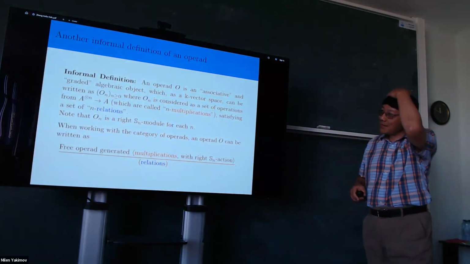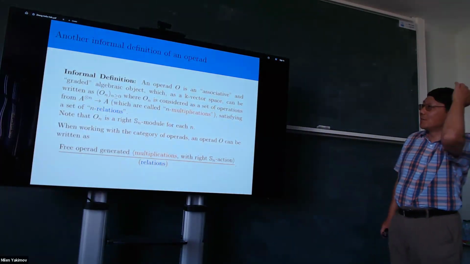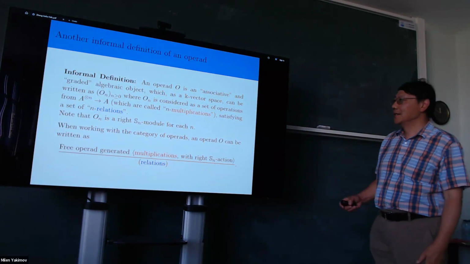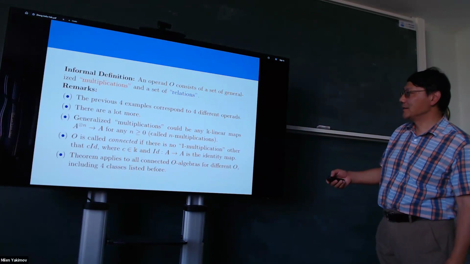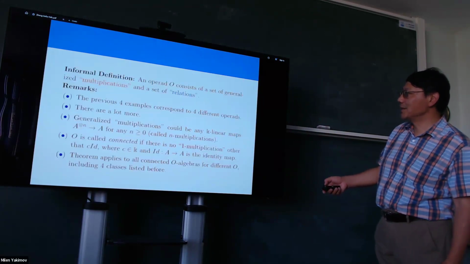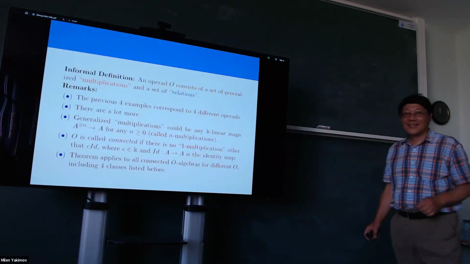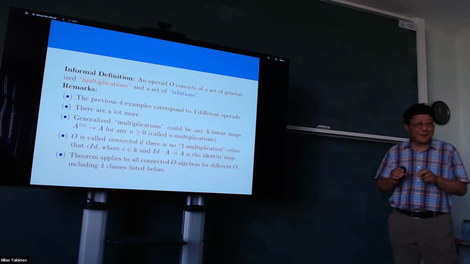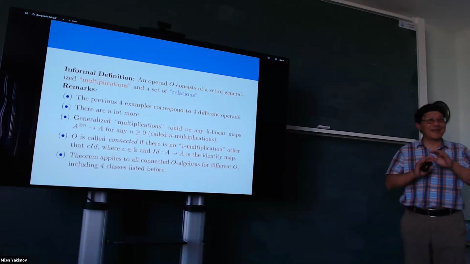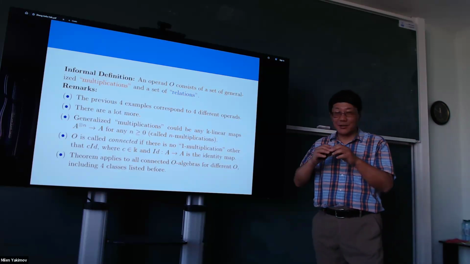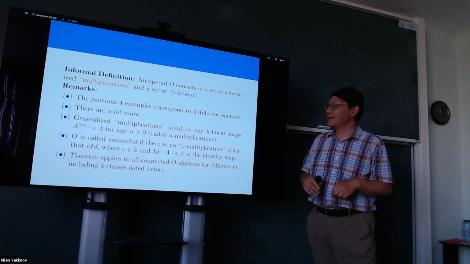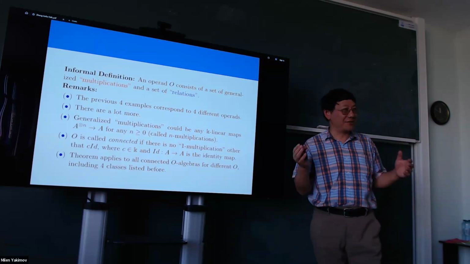Right. So now let me give you an informal definition of an operad. One way to consider an operad, if you don't want to work with the full definition, is as consisting of a set of multiplications and a set of relations.